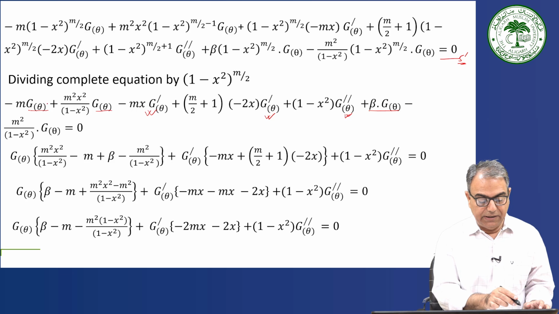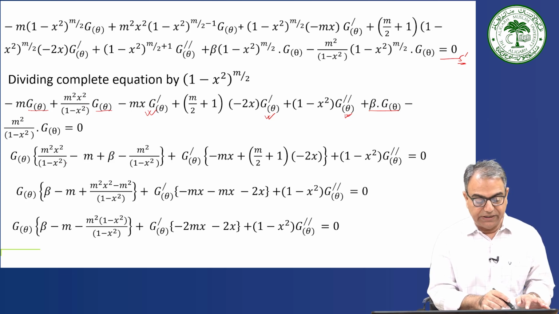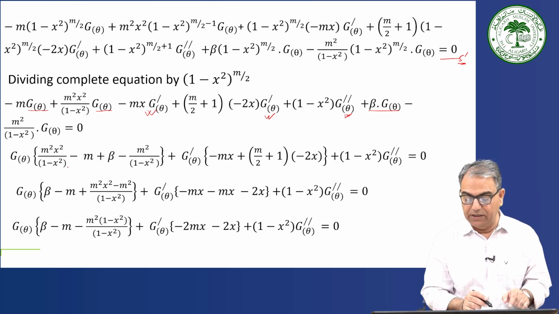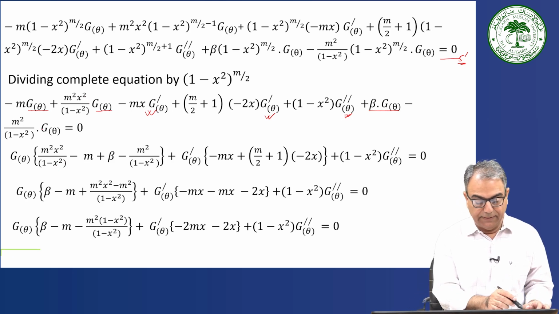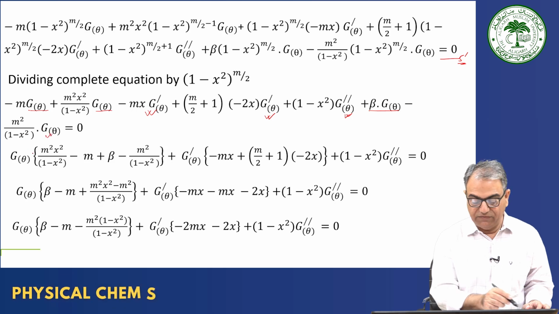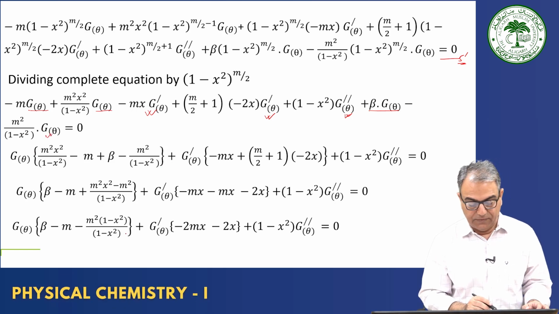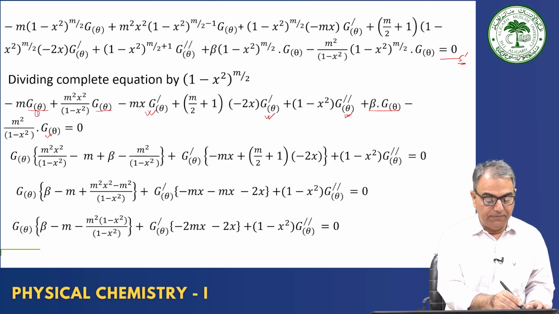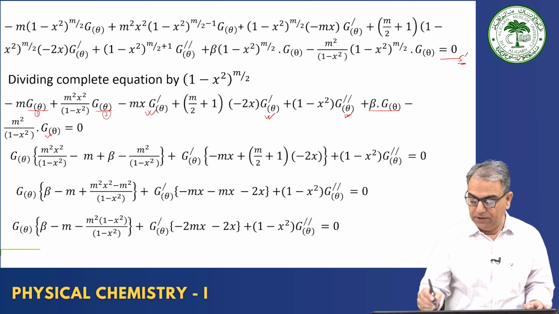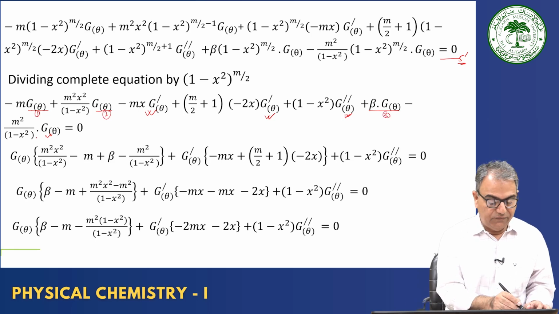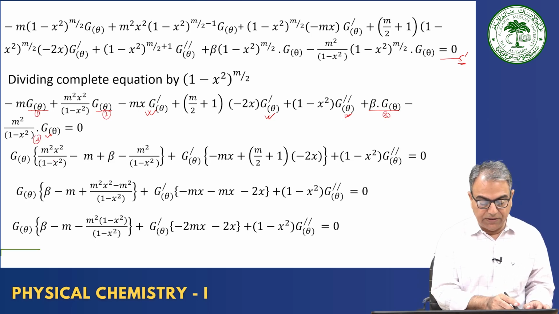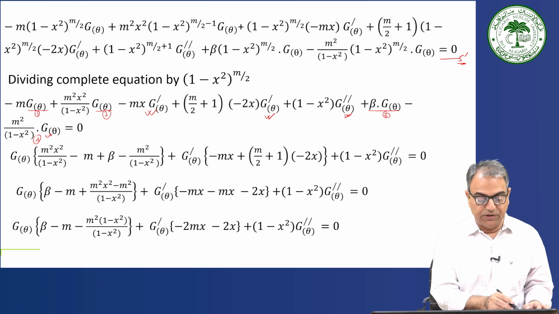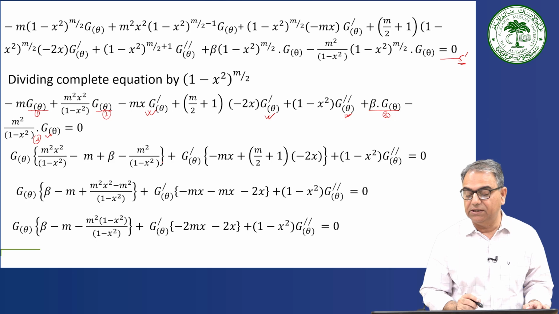So g theta terms are minus m first term, then your second term is m square x square over 1 minus x square, and then the third term is minus m square over 1 minus x square. Okay. And then plus beta. So with g theta you have 1 term, 2 term, 3 term, and 4 terms. So all these 4 terms, coefficients are here: g theta times m square x square over 1 minus x square minus m plus beta minus m square over 1 minus x square.